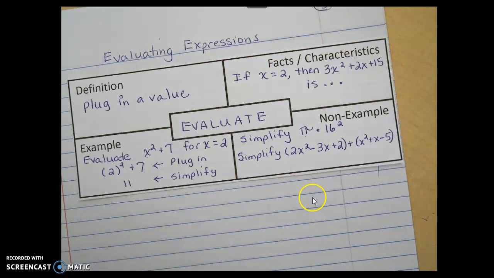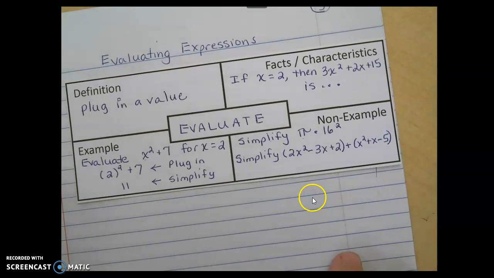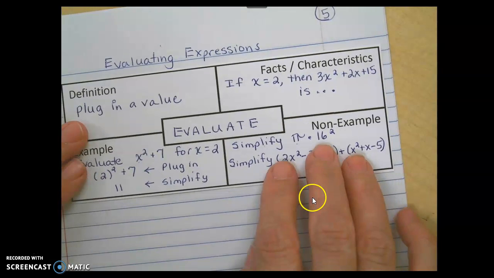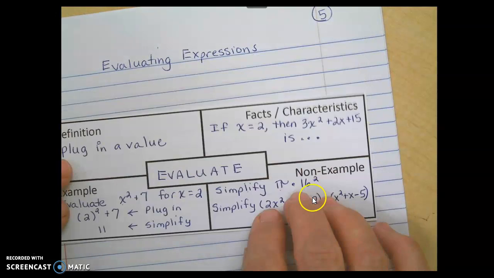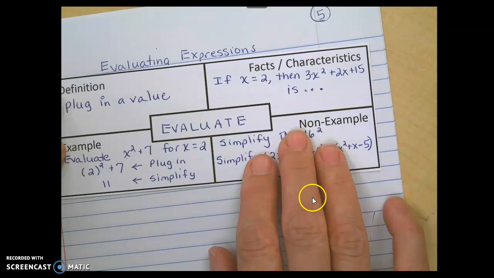So now what we're going to do is we are going to glue this. Now I want you to get it right under that top line because we are going to put more information underneath.